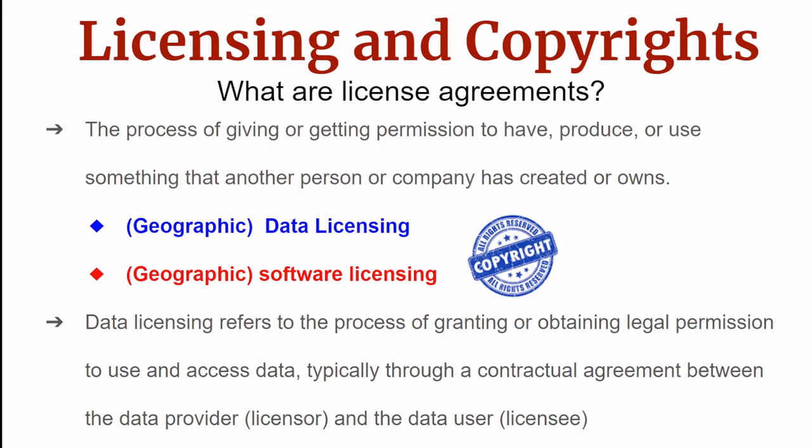In the GIS space, you would have licenses regarding data you have created, and licenses regarding geographic software. Now, data licensing refers to the process of granting or obtaining permission from someone to use or to have access to their data.